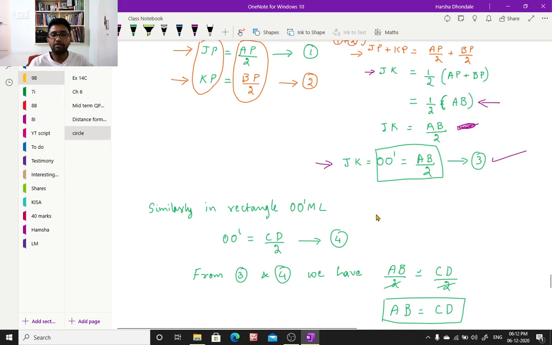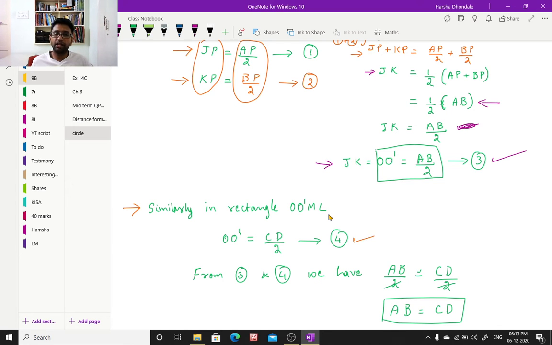Now in rectangle OO dash ML, similarly I will get OO dash is equal to CD by 2. Just like how I proved result 3, I will be able to prove this result 4 also. I need not write the entire thing. I can directly write OO dash is equal to CD by 2.